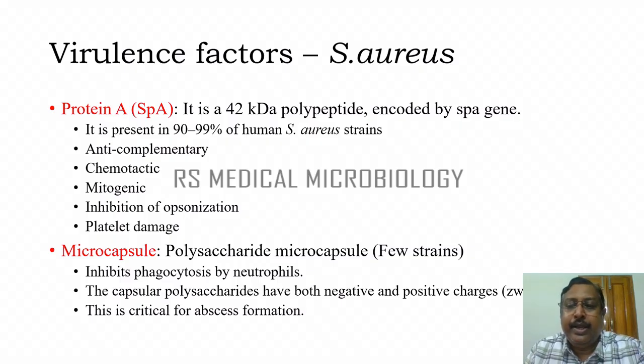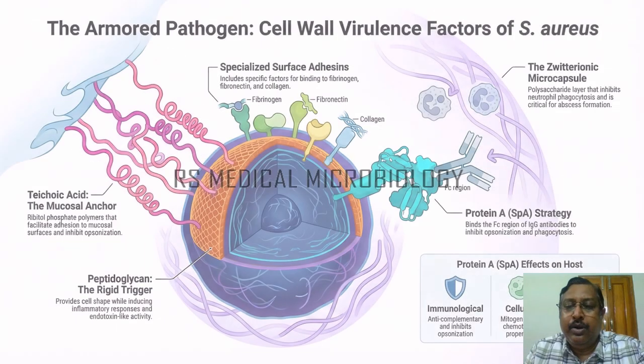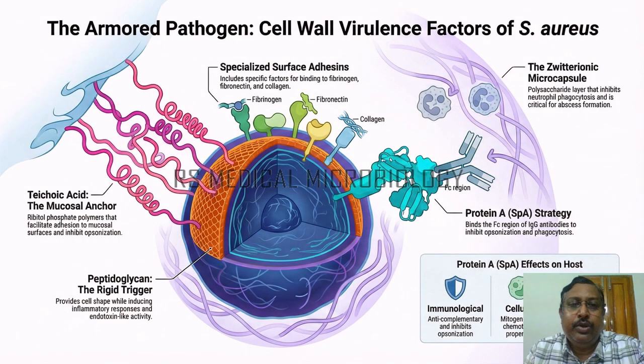Now let us quickly recap what all we have learned about these particular virulence factors. First and foremost, you have the peptidoglycan layer, which provides the shape as well as has inflammatory and endotoxin-like activity. Next, we have the teichoic acid, which basically helps in attachment.